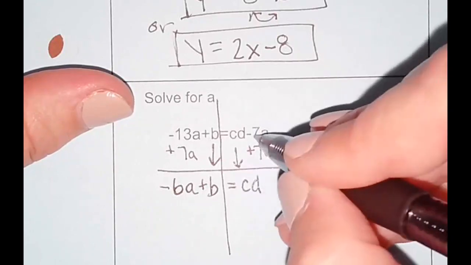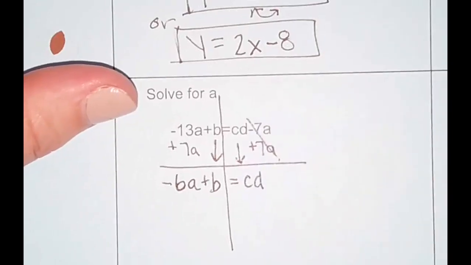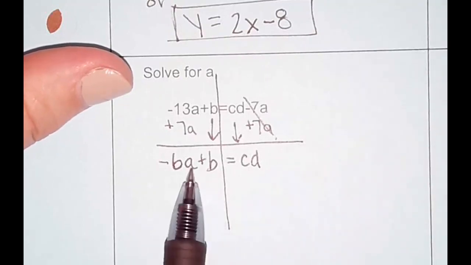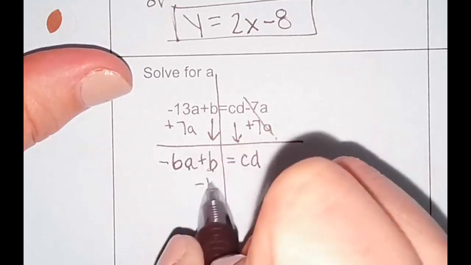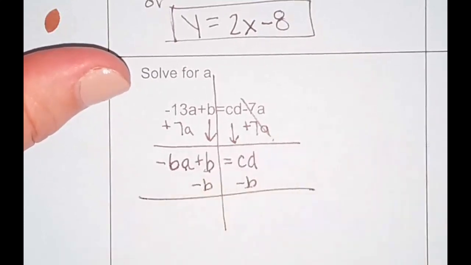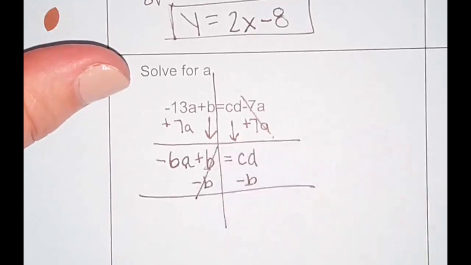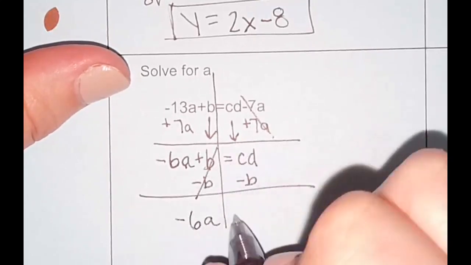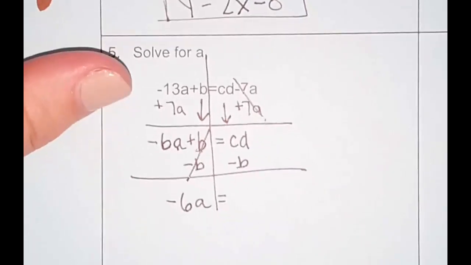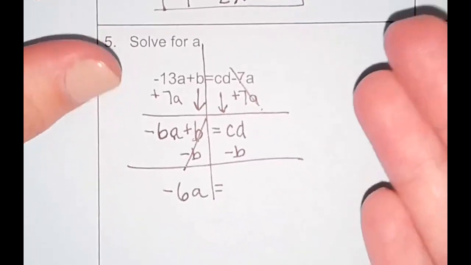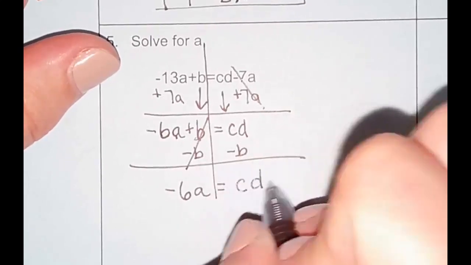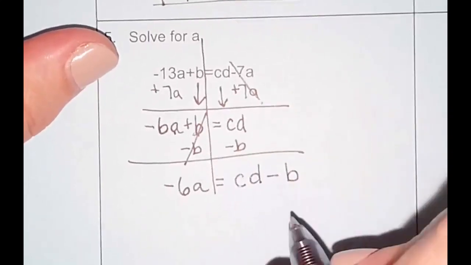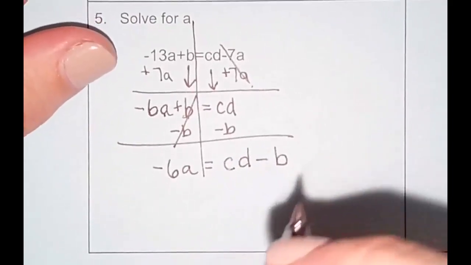A is almost alone. I have negative 6 times a, so I undo that with division. I'm going to divide every piece by negative 6. On the left, negative 6's cancel, so I have a equals CD over that 6. I'm just going to bring the negative to the top. Then I have negative over negative, that becomes positive, b over 6.